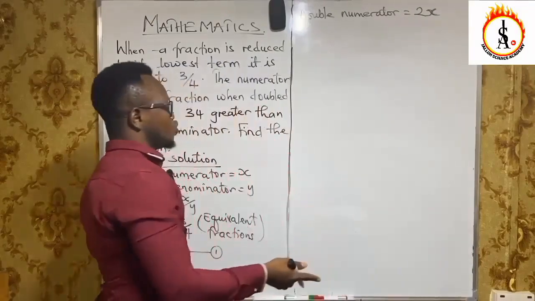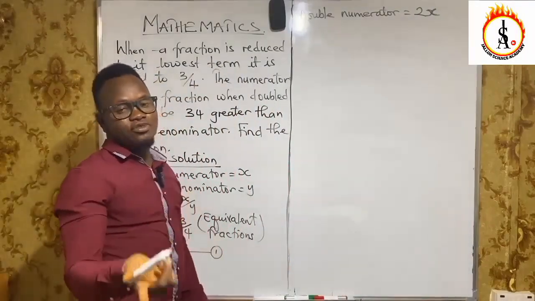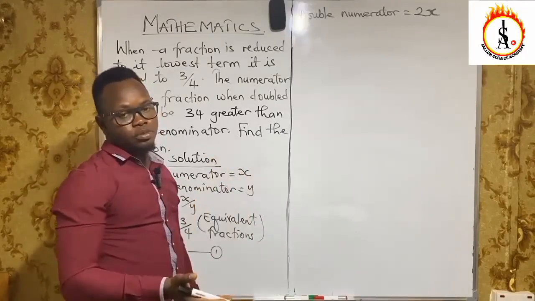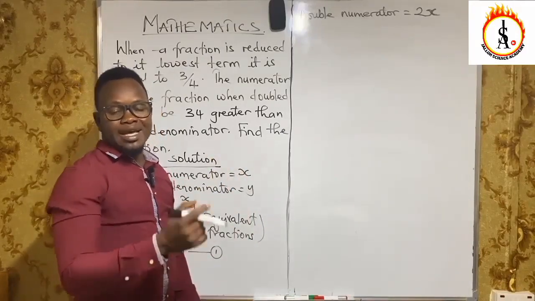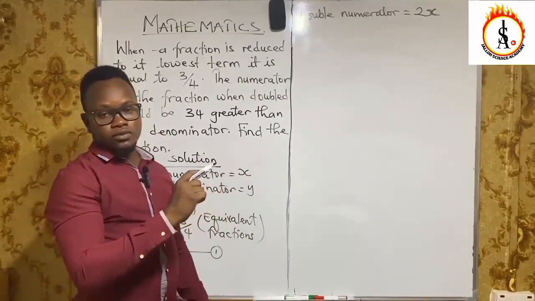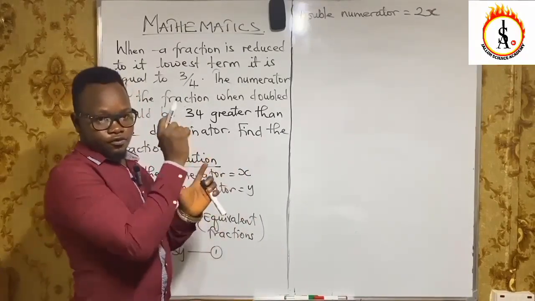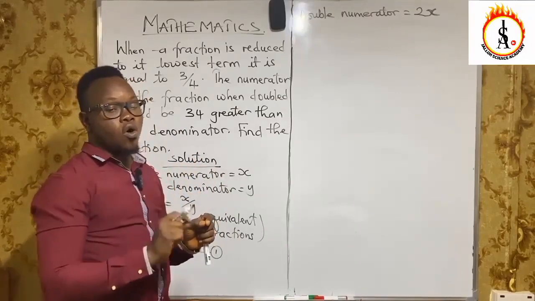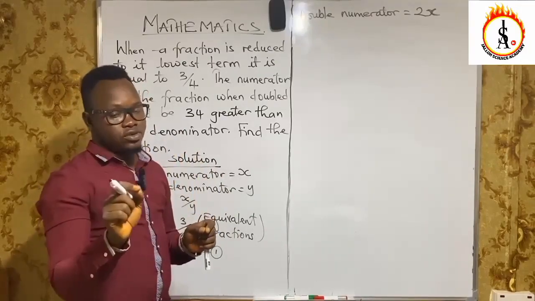But this numerator, when doubled, is 34 greater than the denominator, meaning if we want the numerator and the denominator to be equal, we are either going to subtract 34 from the doubled numerator so that it will be equal to the denominator, or we add 34 to the denominator.